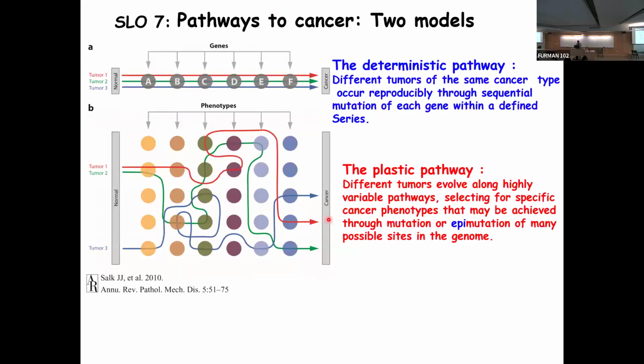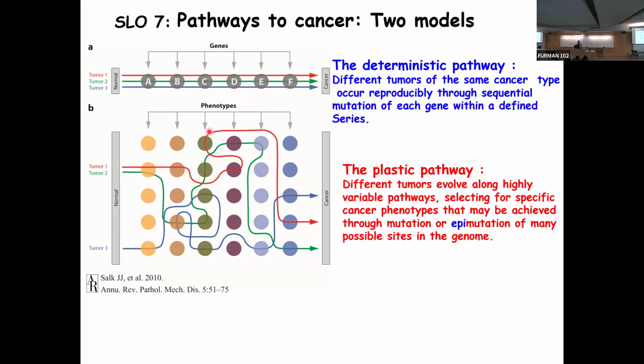Now, this is a slide that I always use to reinforce the concept that, during this process of our understanding, we initially felt it was more of a parallel, deterministic pathway, where each tumor would follow an individual pathway or signaling route that would lead eventually to its transformation into a cancerous stage.